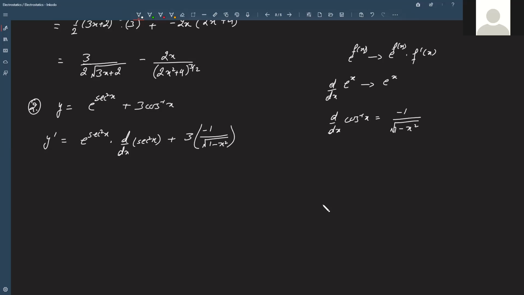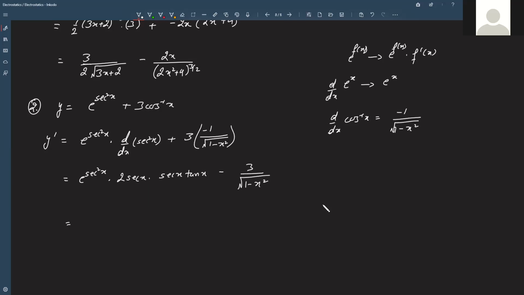So the first function becomes e to the power secant square x into 2 secant x, and then differentiation of secant x. So differentiation of secant x is actually secant x tan x, right? And then minus 3 divided by root of 1 minus x square.